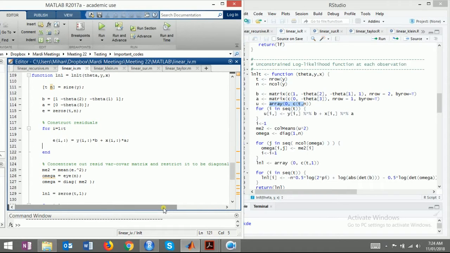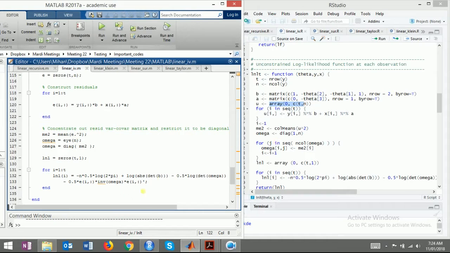So here we derived the residual with simulation with loops, and then we need to concentrate out the variance covariance matrix and restrict it to be diagonal only. Omega is an identity matrix.